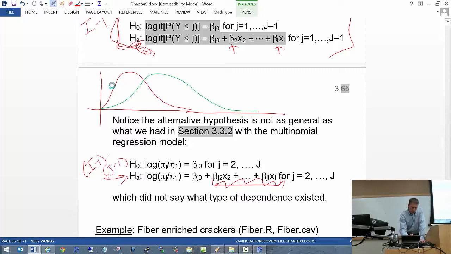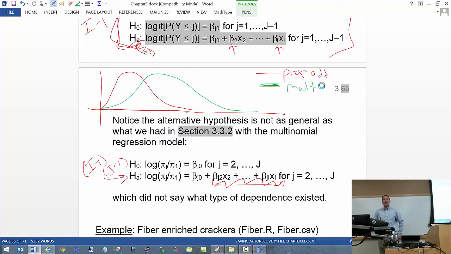So the red one, I'll do a little legend here, is the proportional odds model. The green one could be the distribution for the multinomial regression model. Now, why do you think I drew the green one shifted to the right?